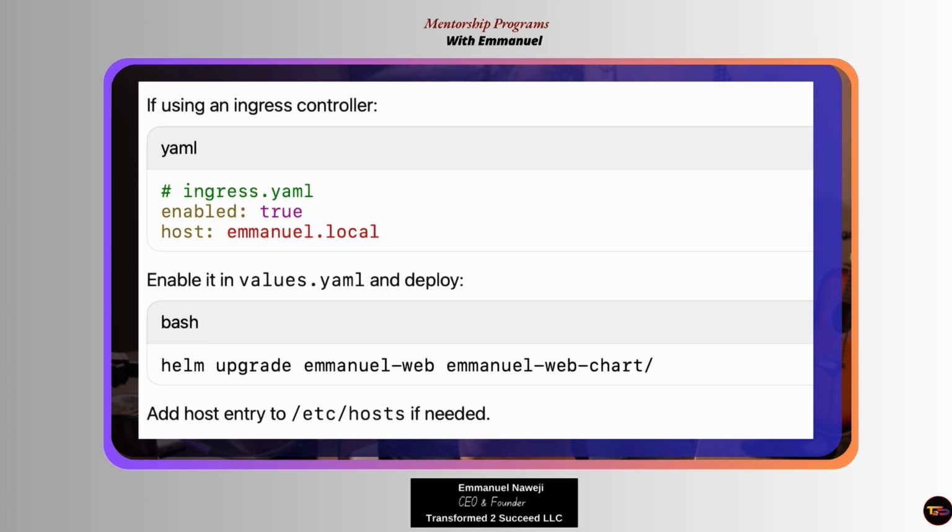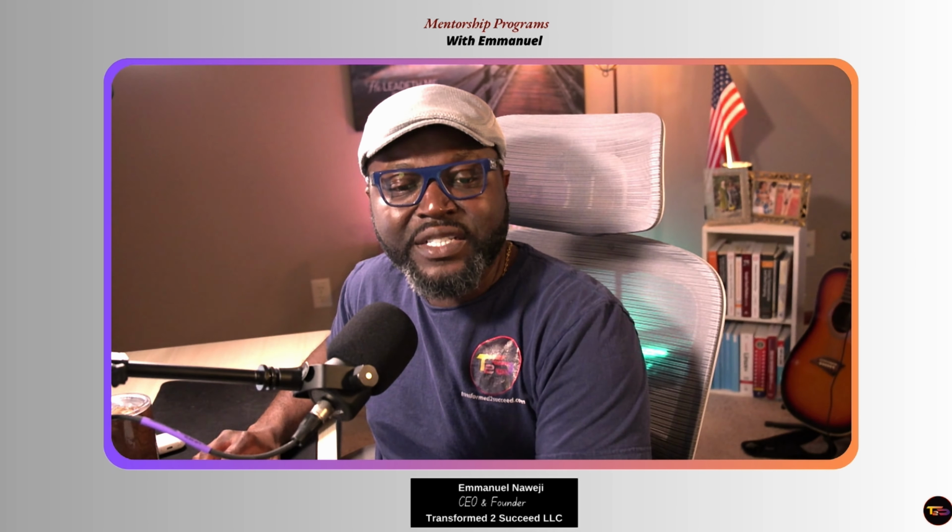And then when you do that, you have to create a YAML file. You call it Ingress, and then you put it in your chart, just as it says here. And then once you do that, you should be able to upgrade, and you should see the result.